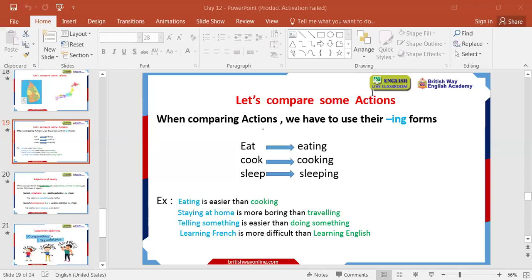Swimming is more difficult than running. Sleeping is easier than cooking. Drawing is more difficult than singing. Drama is more difficult than music.